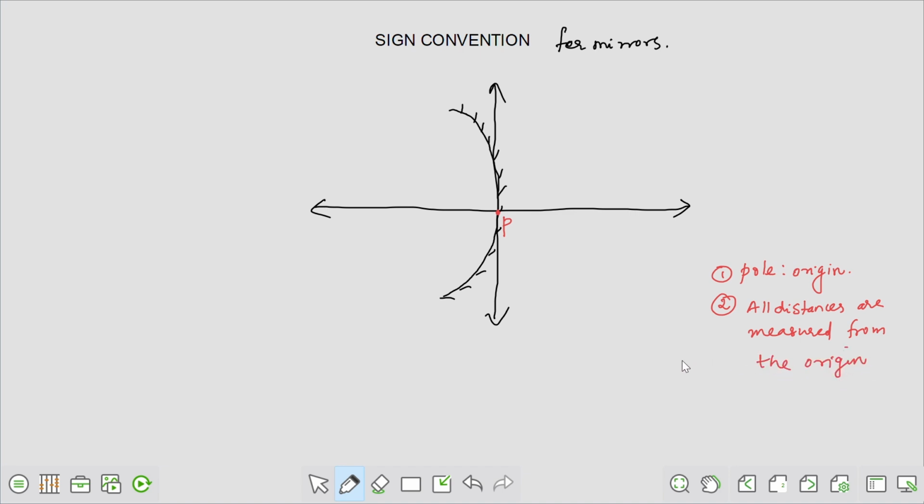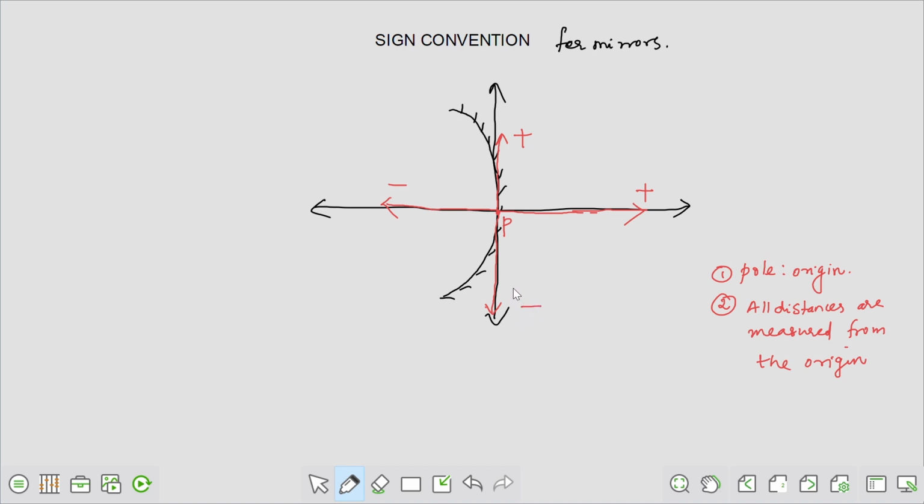Now distances measured to the right of the origin, or right of the pole, are taken as positive, and distances measured to the left of the pole are taken as negative. Distances measured above the principal axis are taken as positive, and distances measured below the principal axis are taken as negative.